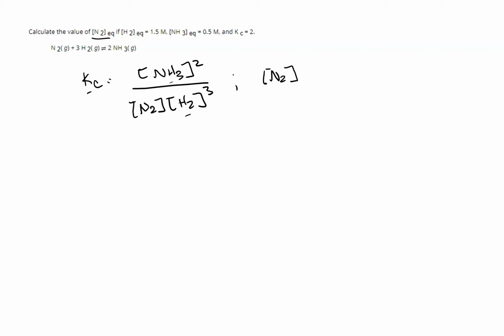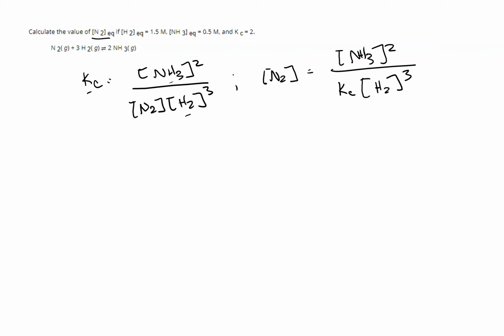Concentration of nitrogen at equilibrium is going to equal concentration of ammonia squared over the equilibrium constant times the concentration of hydrogen cubed. Now, all we have to do is substitute and solve.